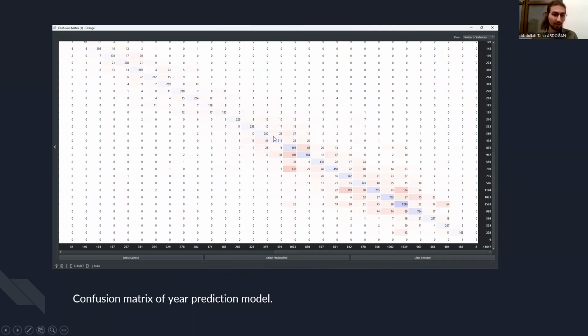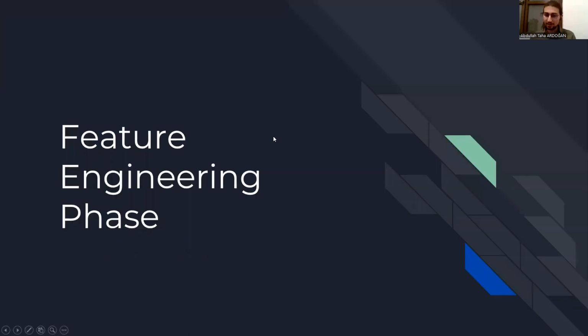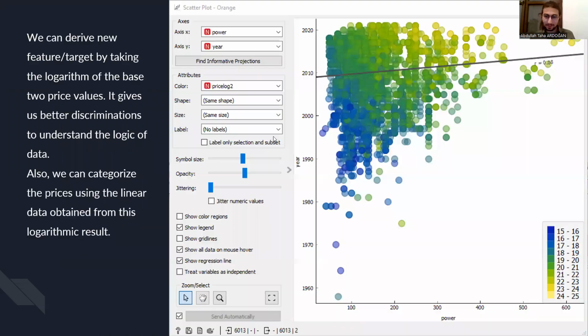Now my friend Fahretin will present the feature engineering phase. Hello, my name is Fahretin. In the feature engineering phase, we thought that we could derive a new target feature by taking the logarithm of base two of the price values.